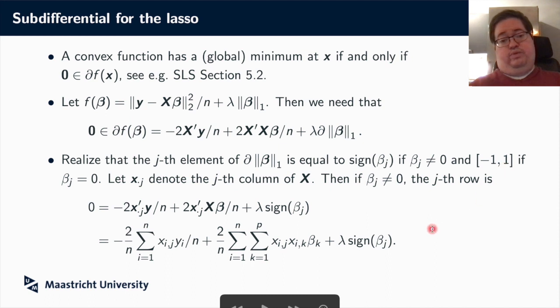Now, what does that mean for the first order conditions? Well, take the jth first order condition, so the derivative or subgradient with respect to the jth component. That means we need to take the jth row of these things. So let x dot j indicate the jth column of x.